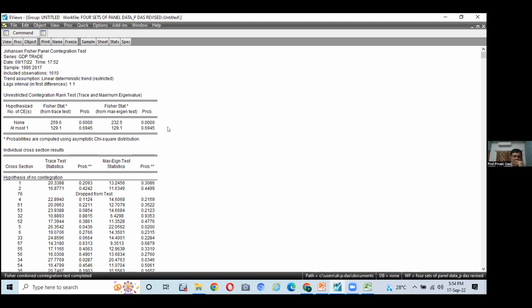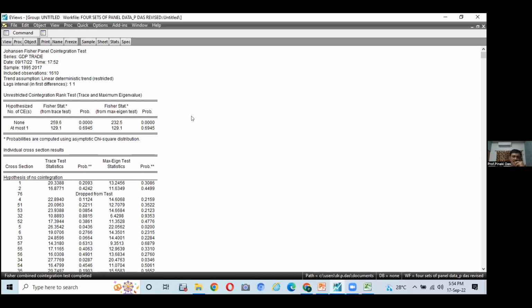That is also statistically significant. Both test results under none are statistically significant, so the null hypothesis is rejected.